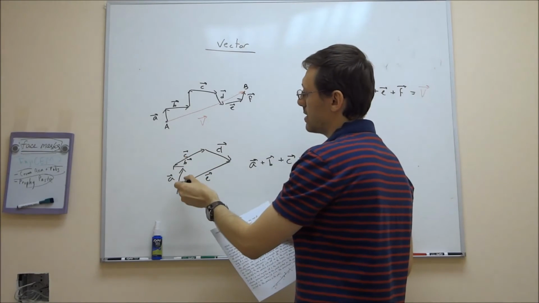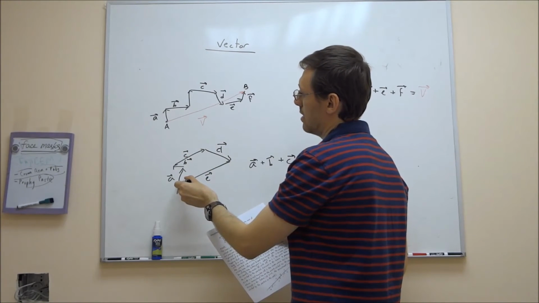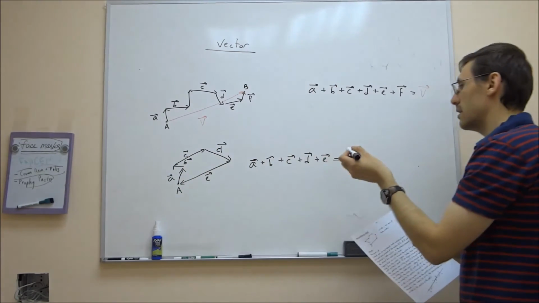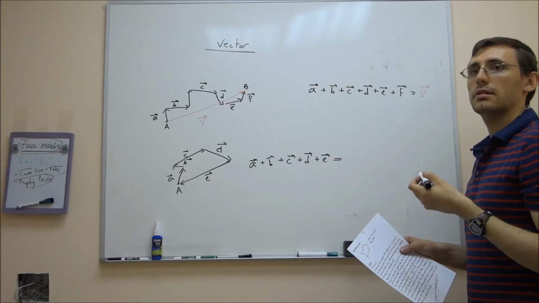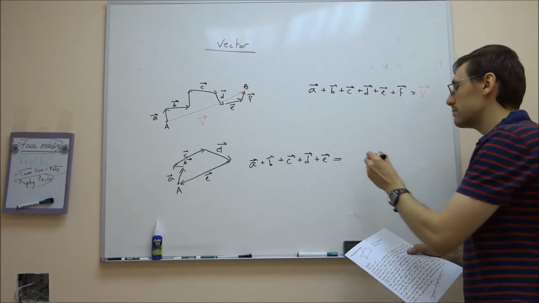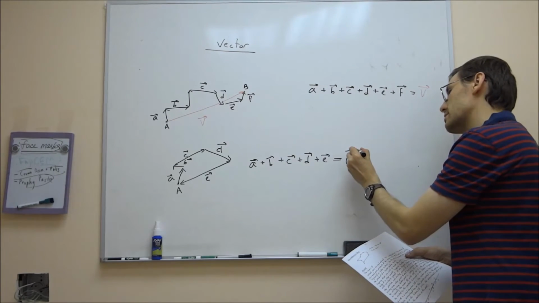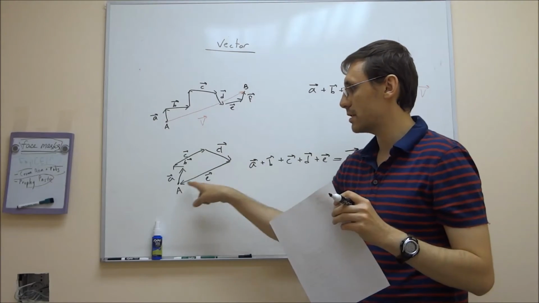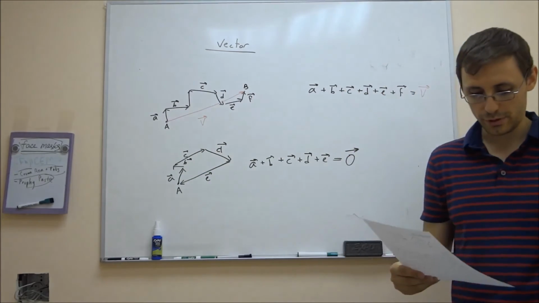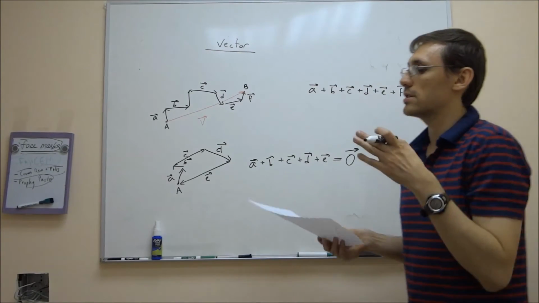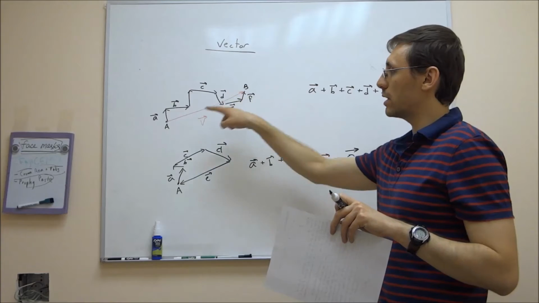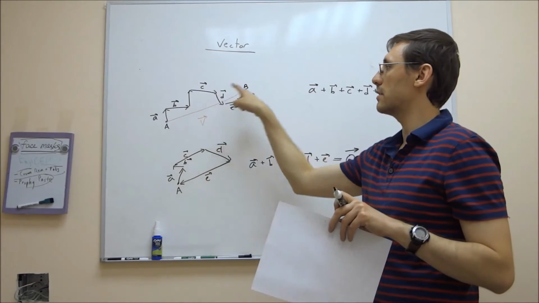Well, again, what is our initial position? It's A. And what is our final position? It's A. So what is the displacement? So the displacement is just the zero vector. The net motion, the net displacement is zero. You return to the same location where you started. So again, vectors just try to capture the notion of only keeping track of initial and final state.